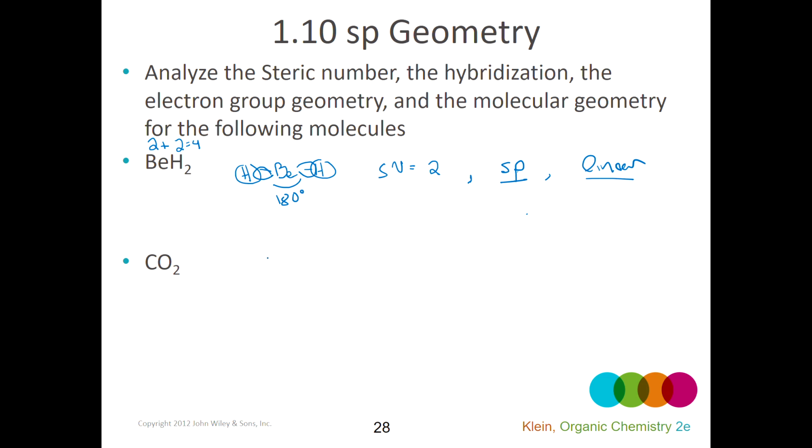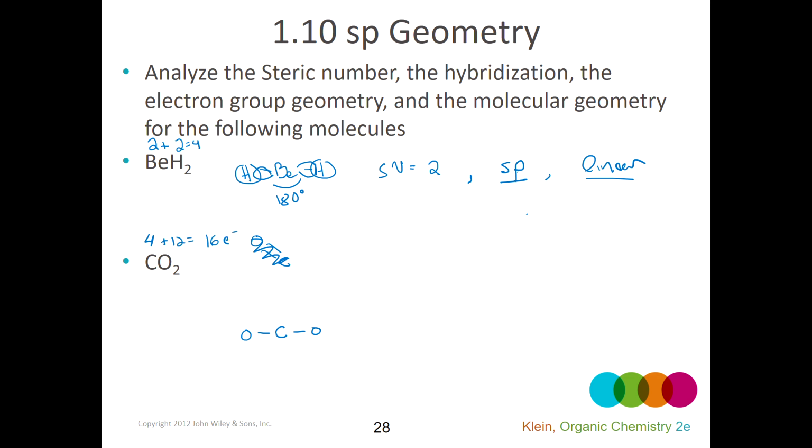If we look at CO2, drawing the Lewis structure for that, I end up with double bonds there. Actually, let me scrap that and start over. So initially, I would probably start with single bonds, count the valence electrons, 4 from the carbon, 6 on each oxygen. I've got 2 of those, so that gets me to 16 total.